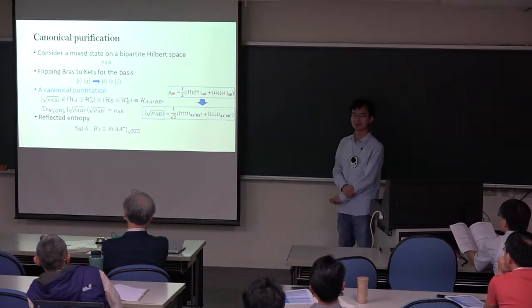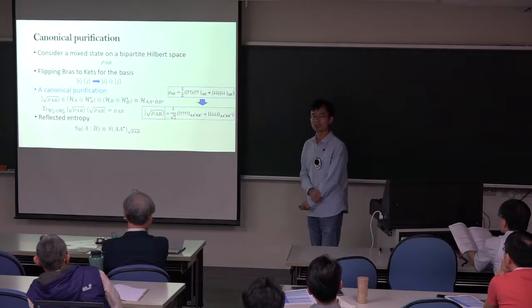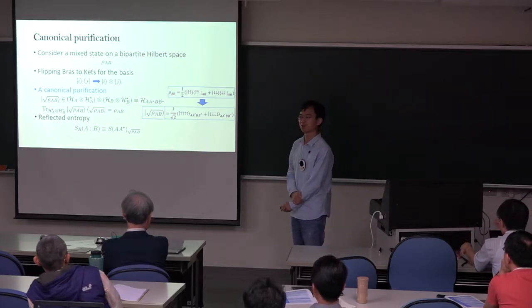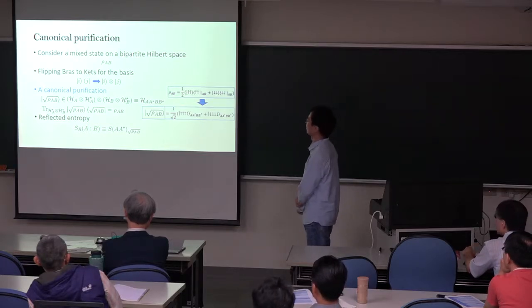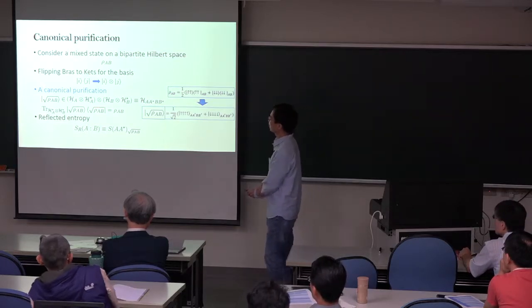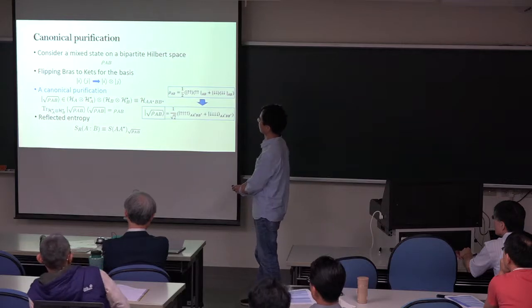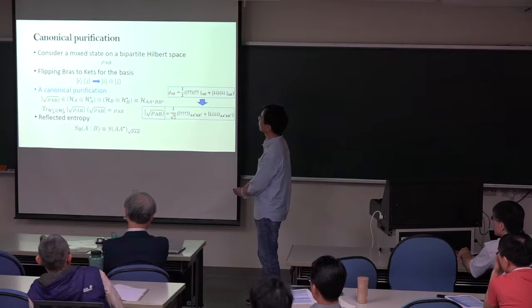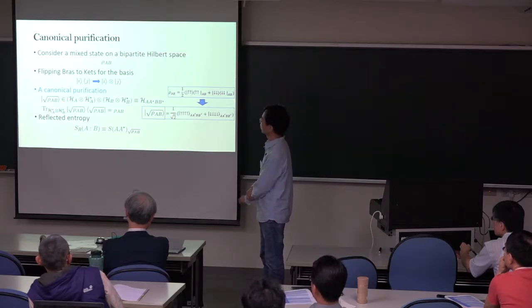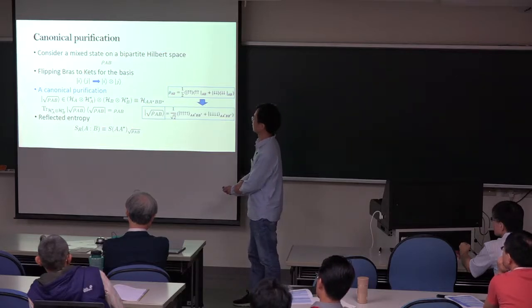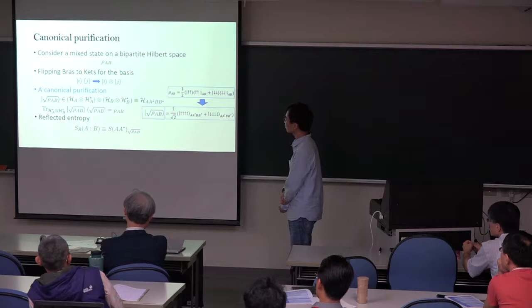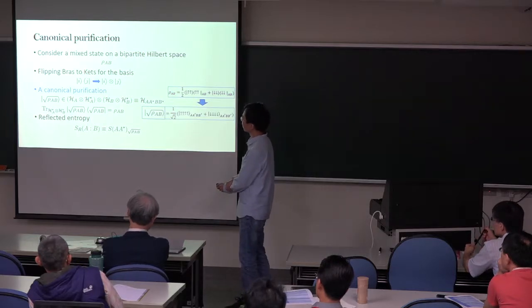The point is that mathematically, this is really a canonical procedure. It's not an artificial one. If you have mechanical, this is canonical. So we denote this purified state coming from this canonical procedure as |sqrt(rho)>. This belongs to a doubled Hilbert space.